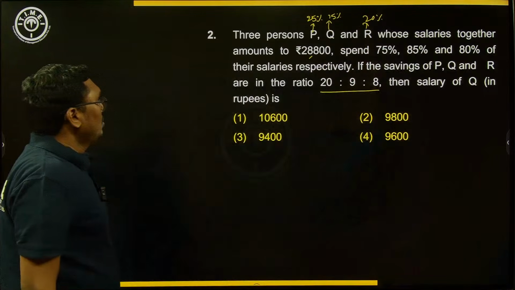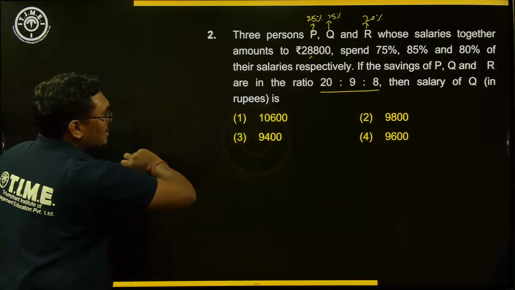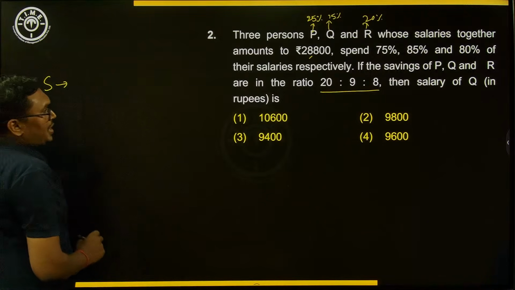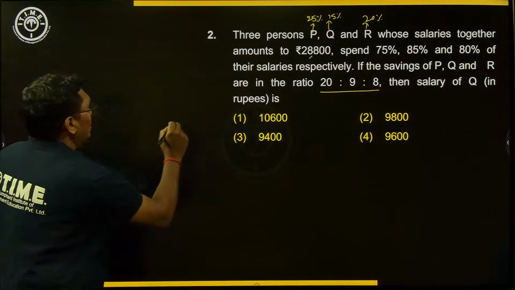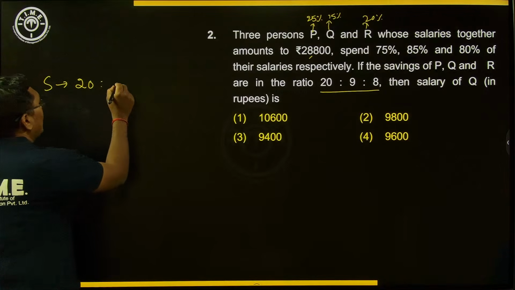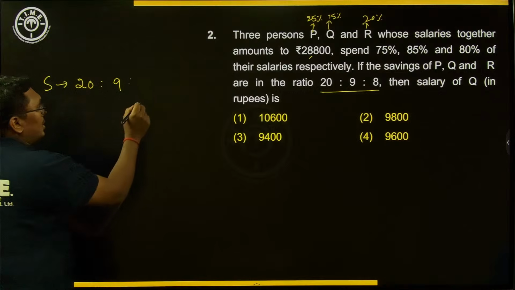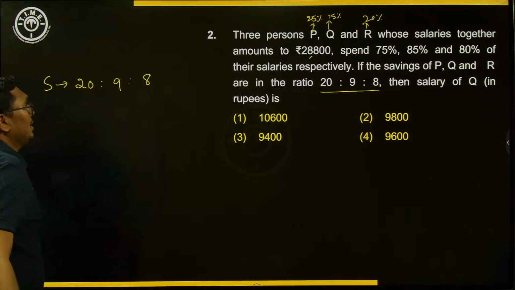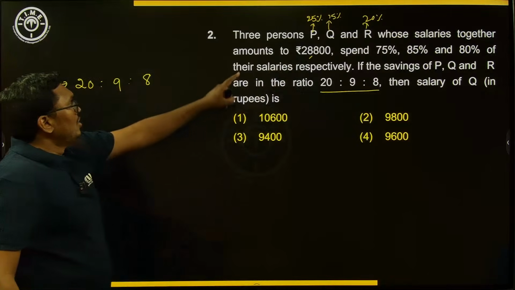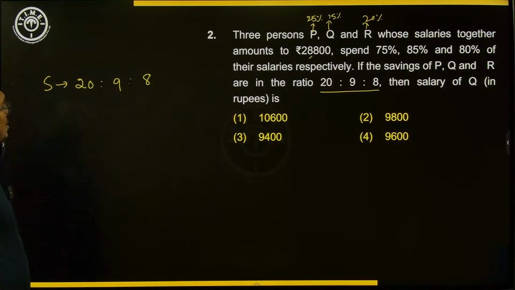Okay. So what is the savings ratio? Savings ratio of P, Q and R is 20 is to 9 is to 8. Okay. So savings of P is 25%. That means 25% is 20.